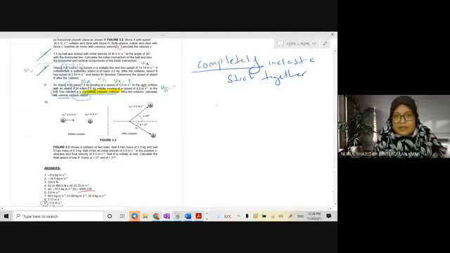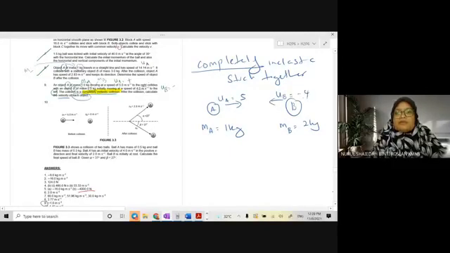Okay, so saya lukis. Ada A, mass A is 1 kg, moving to the right, so UA saya adalah 5. And then we have object B, mass B is 2 kg and is moving to the left with the speed 4, so UB saya negative 4.